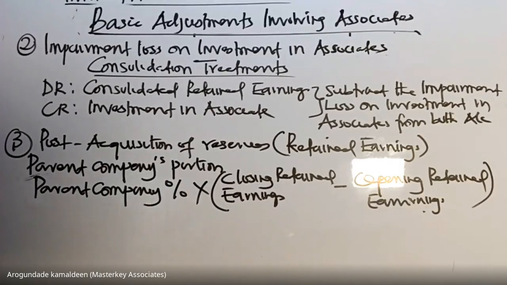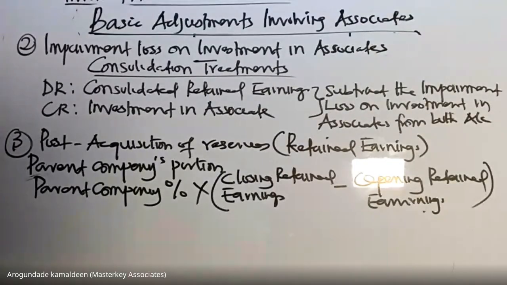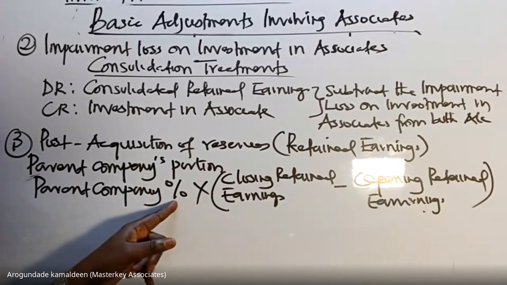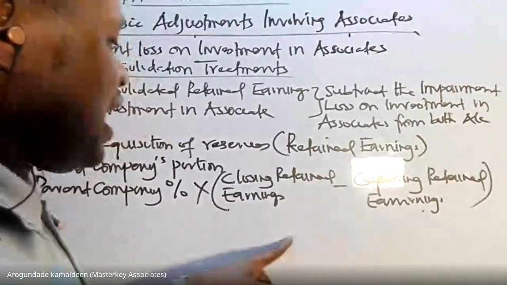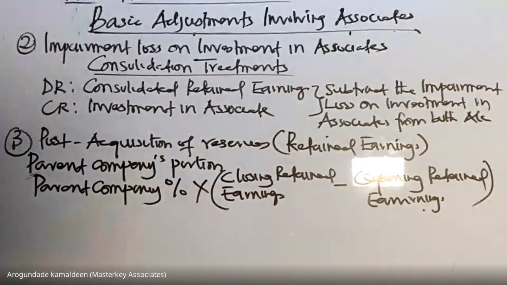So class, the closing retained earnings of the associate, less the opening retained earnings, will give us the post-acquisition reserves. The portion of the parent will now be the parent company percentage times what you have there.